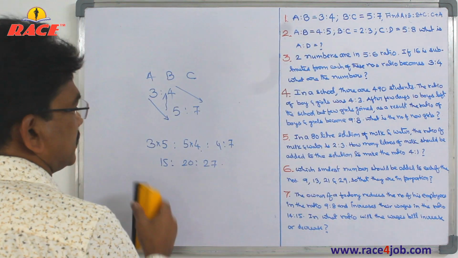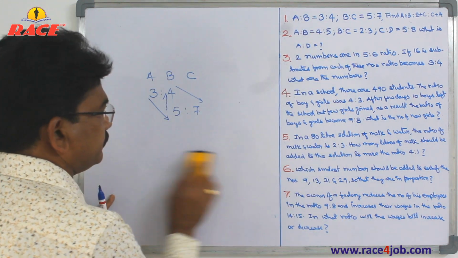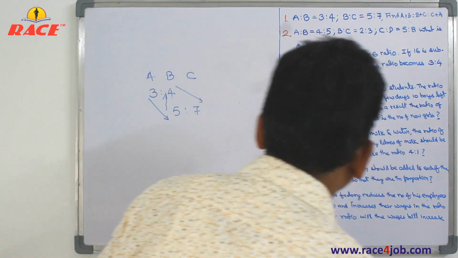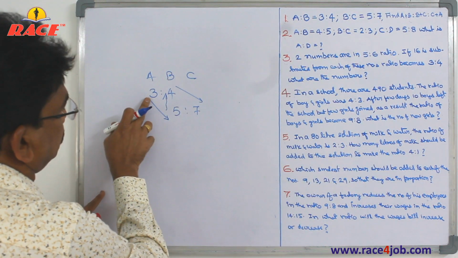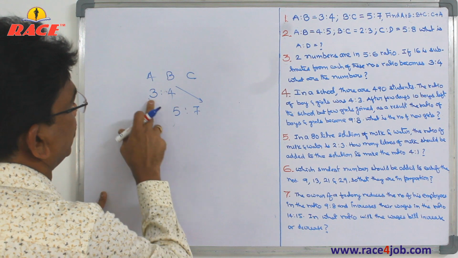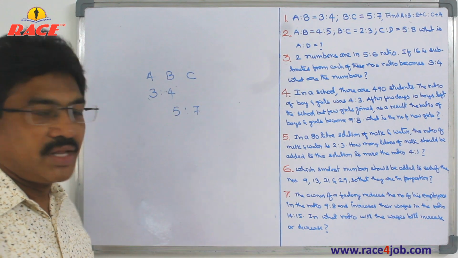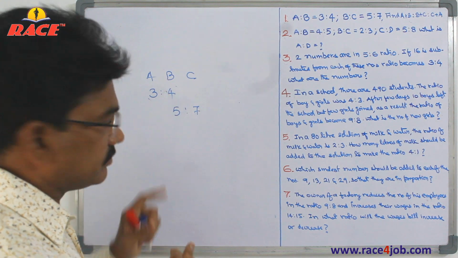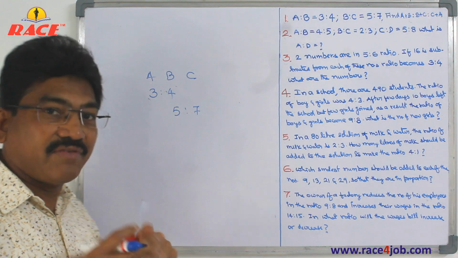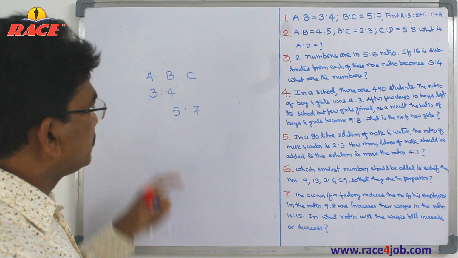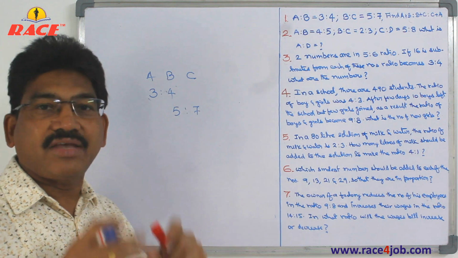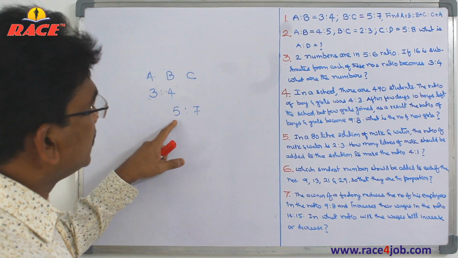I prefer this one because sometimes multiplication may be difficult, okay, for simplification also. What we do, anyway B is common here. Let us make B terms the same because they are different here: here it is 4, here it is 5.